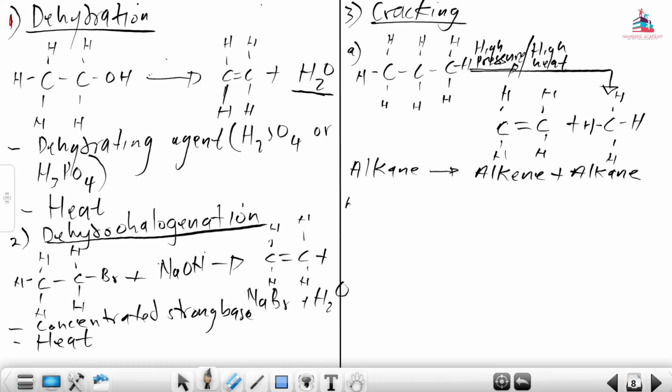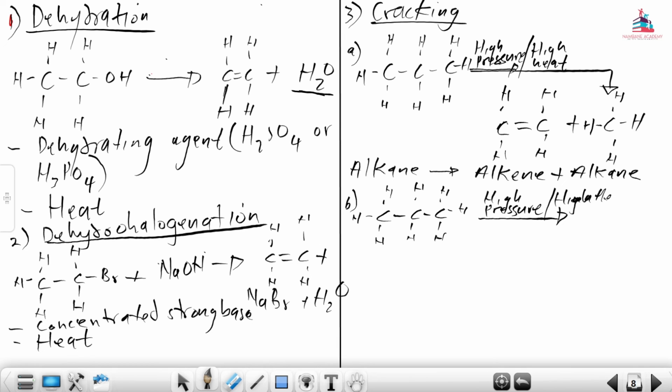cracking. So let's go to B. B, I'm going to use now CCC, the very same hydrocarbon, and then expose it now to high pressure and high heat.